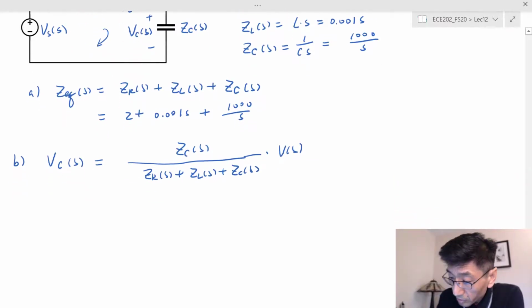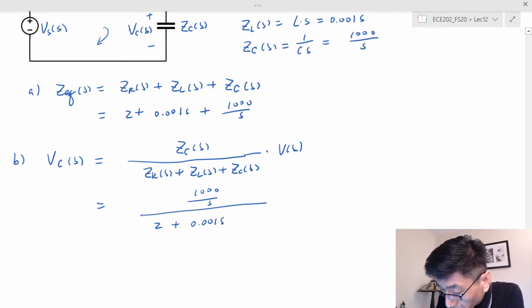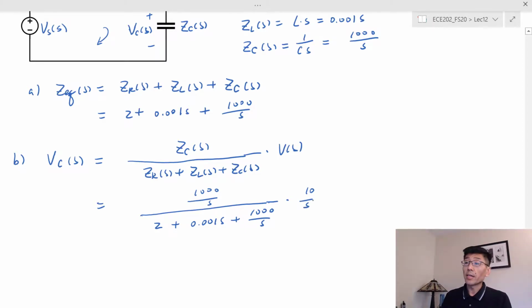So you can substitute the values we have. We have 1000 over S divided by 2 plus 0.001 S plus 1000 over S, times 10 over S, right? You can work this out.